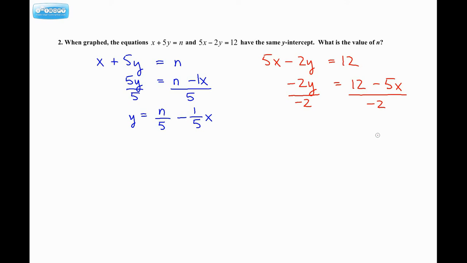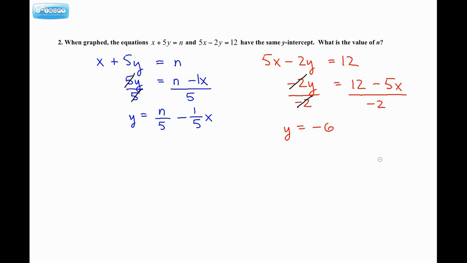Okay, so these cancel. I'll cross them out. I'll cross these guys out too. Why not? All right, so this gives me y equals 12 over -2. Okay, that is reducible. That gives me -6. Got to really be careful with our signs here. Now I have -5x over -2.